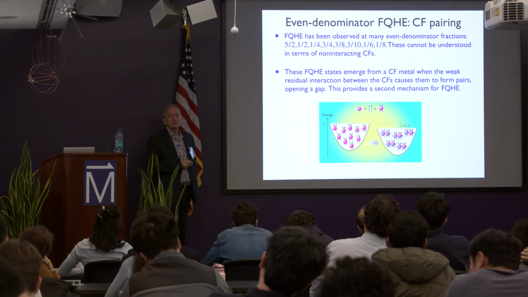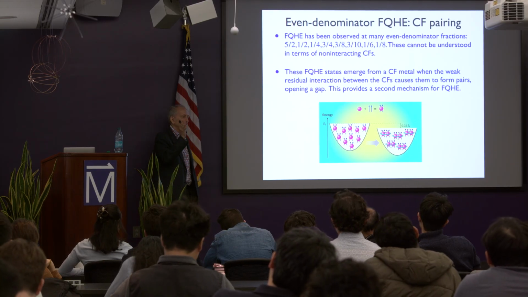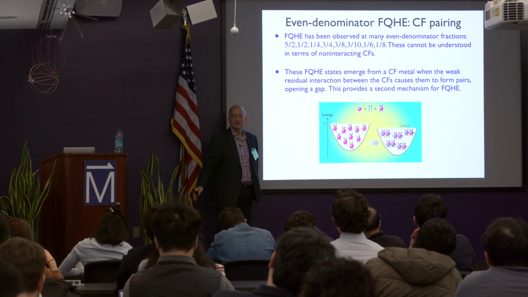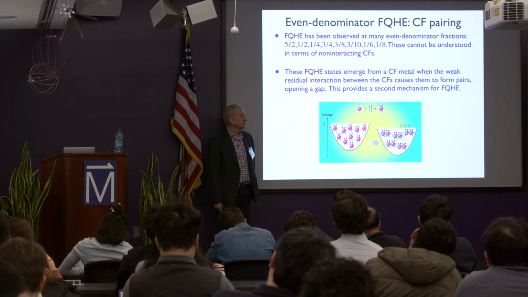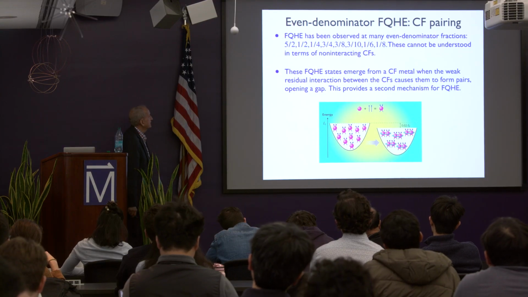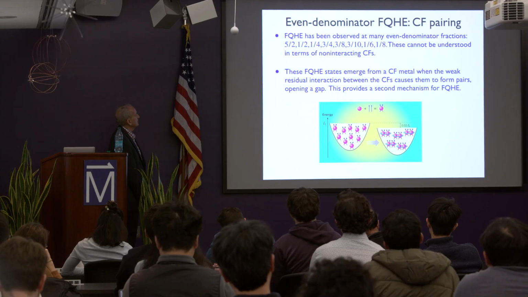If composite fermions were completely non-interacting, they would show those sequences of fractions, and at even denominators we would have Fermi seas of composite fermions. But it turns out that many even denominator fractions have been observed.